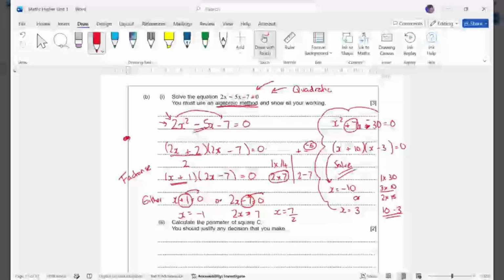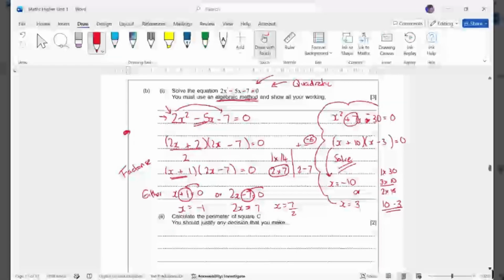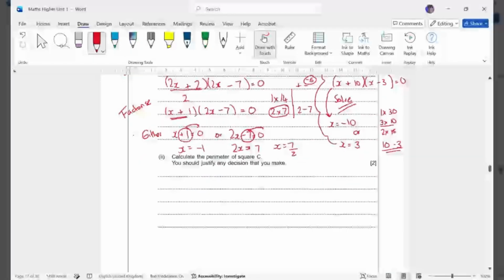Okay? Right. Calculate the perimeter of square C. I'm a little bit guessing this, but I think I remember the square C was x plus 4 on all the sides. We've got two answers for x, though: x equals minus 1, or x equals 7 divided by 2.